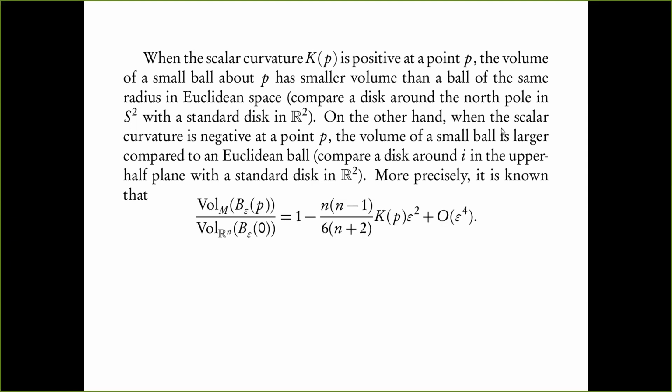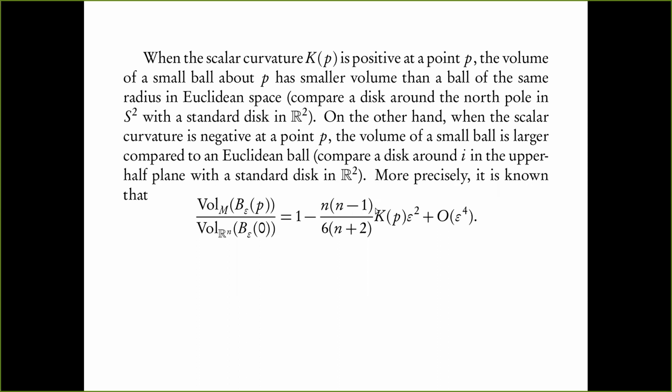You can actually show this, and I will not prove it to you, but these things are really beyond the scope of the course. For those interested, you should read Gallot, Hulin, Lafontaine, or other texts like Petersen. If you compare the volume of radius epsilon around P with the volume of radius epsilon around 0, it looks like 1 minus K(P), the scalar curvature, times epsilon squared. There is no linear term, and then there are these constants, n(n-1) divided by 6(n+2).